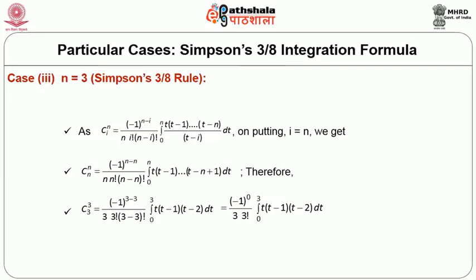In this let us put n equal to 3 and i also equal to 3. If I put i equal to n first, ncn becomes (minus 1) raised to (n minus n), that is (minus 1) raised to 0 which is 1, upon n factorial into (n minus n) factorial, the integral from 0 to n of t (t minus 1) up to the last term n minus 1, because the term upon (t minus n) will cancel.